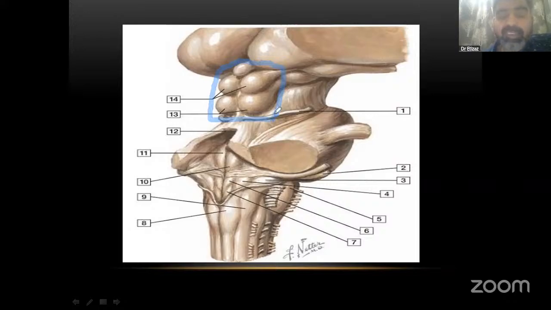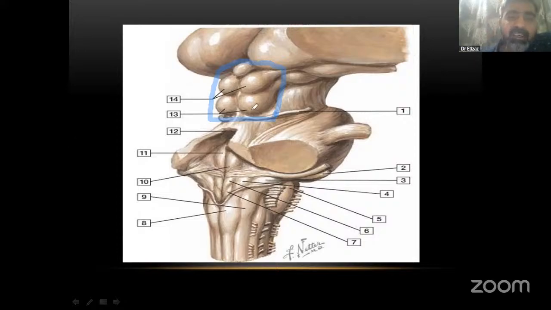This is the posterior surface of the midbrain. It also has good relations as well. We will try to understand it. It has some important structures.